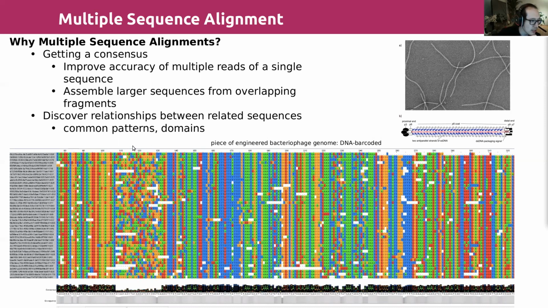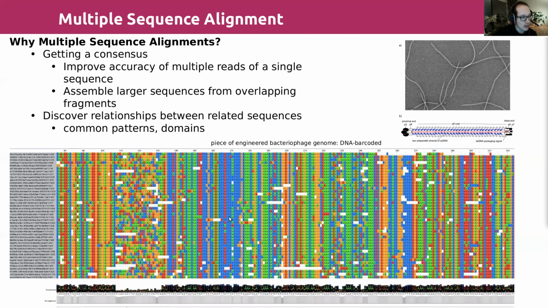In fact, this is because what we're looking at is the multiple sequence alignment from an engineered phage, and it's been engineered to have in its genome a sequence that is a unique molecular identifier that is different and random for each individual in this population.